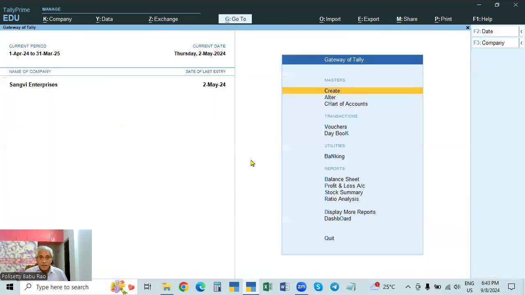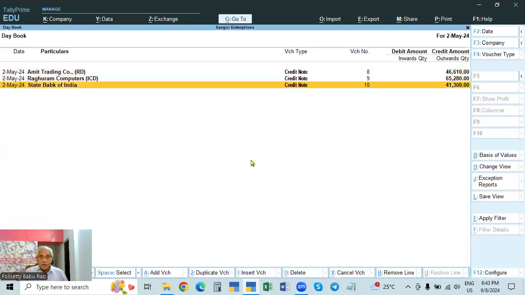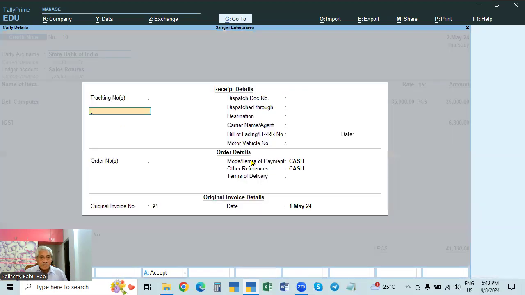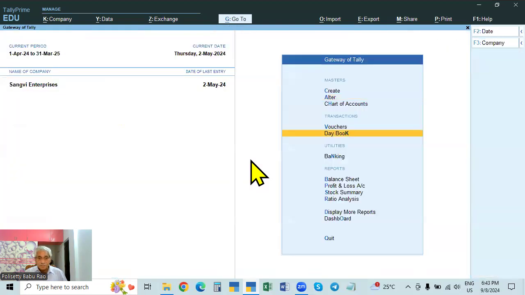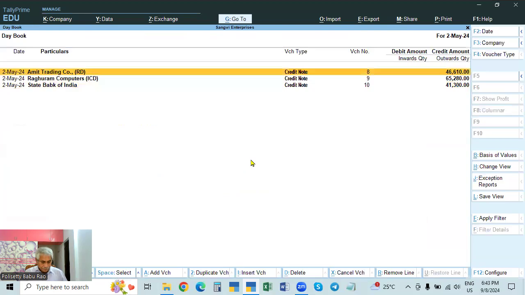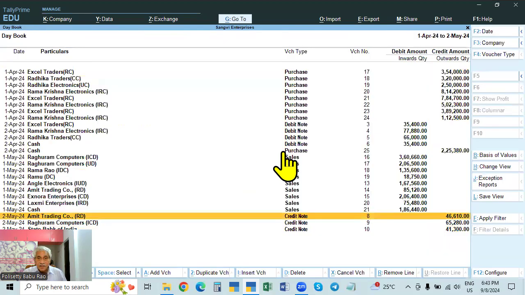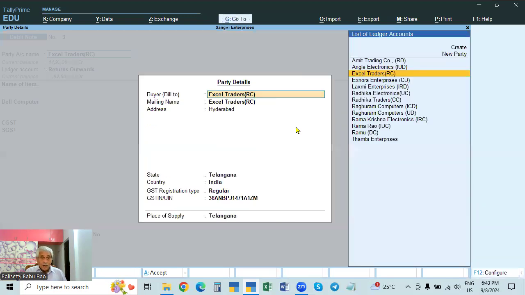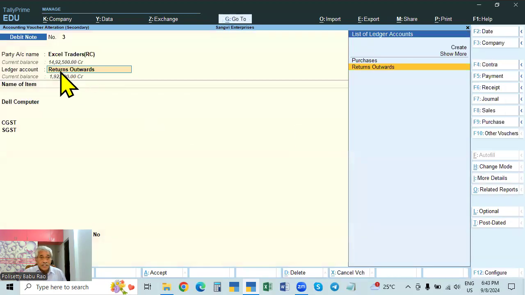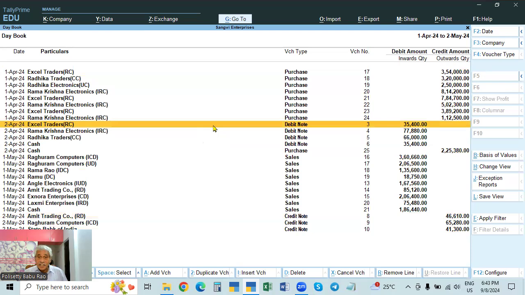If you accept like this, purchase returns. So for the credit note, here see. For purchases only. For purchase returns for debit note, you see here. For debit note, returns outwards will change it. So if you do it like this, then it will show correctly.